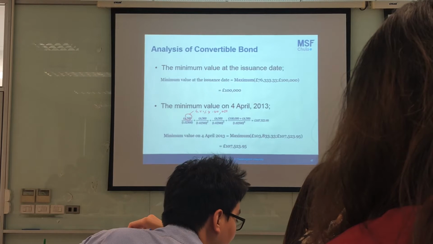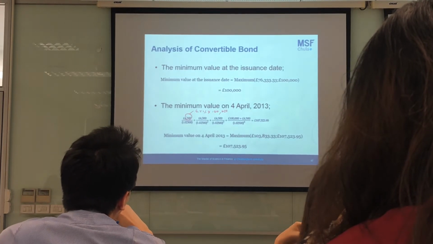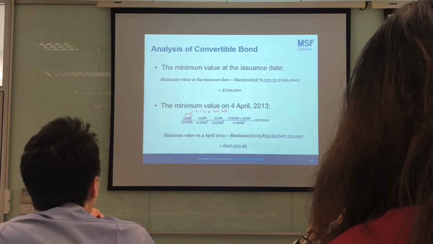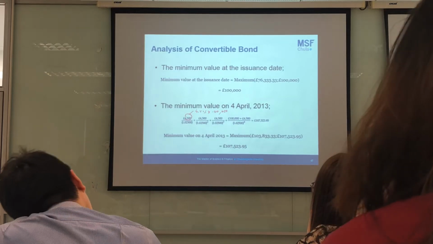So right now, you know the conversion value at time 0, the issue date, and also the conversion value 1 year later.